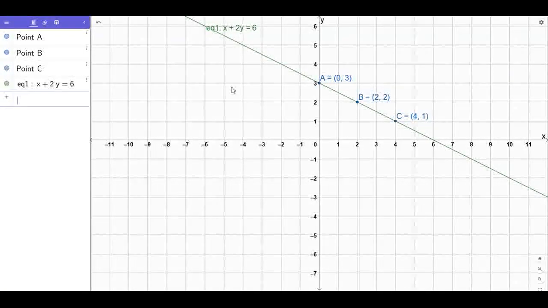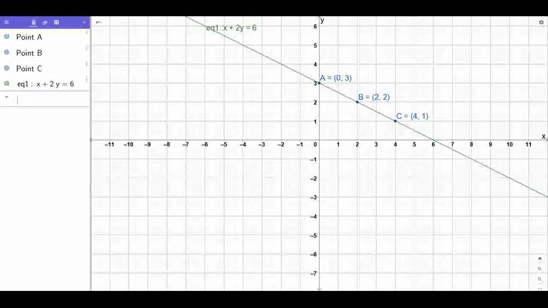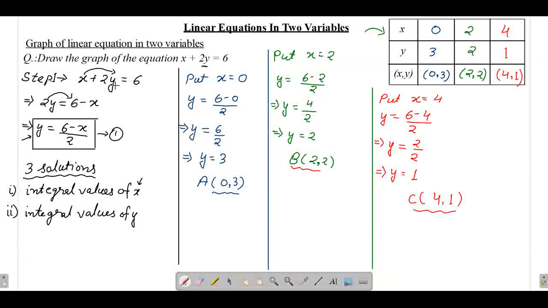Now let us take a quick recap of what we have done over here. So the first step was writing y in terms of x. This was the first step. And then we calculated the three different solutions, 1, 2, and 3, by putting different values of x, keeping these 2 points in mind. And then we tabulated them over here in the form of a table.